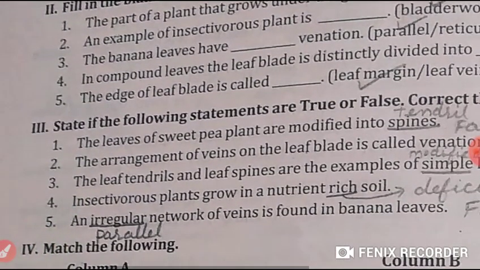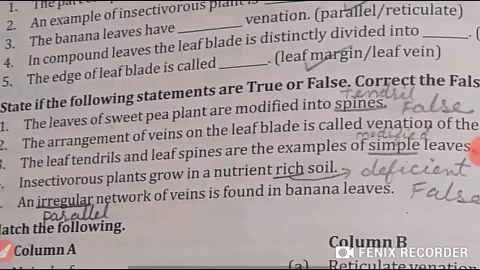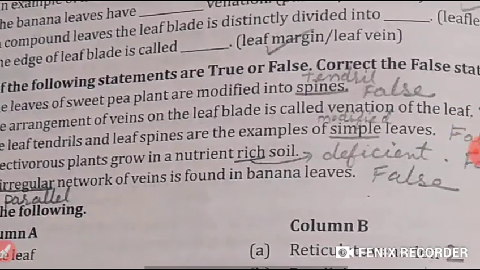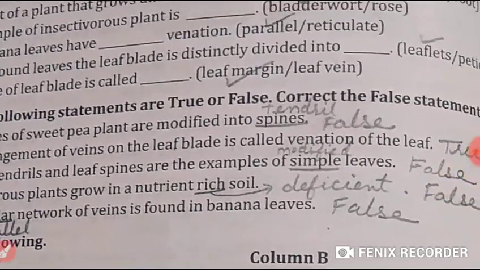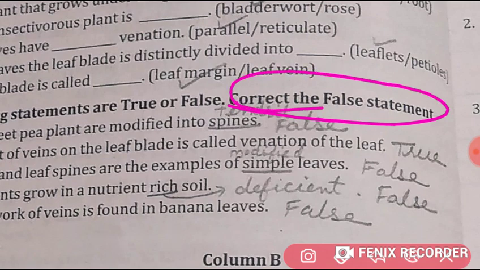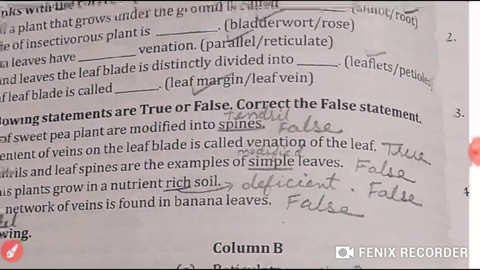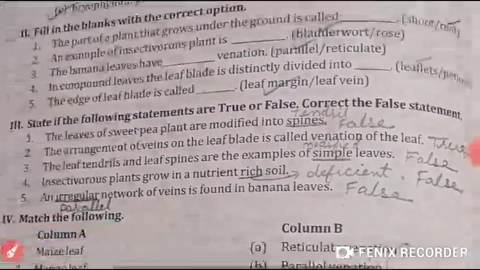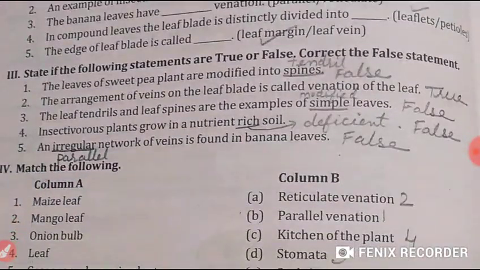Now students, third question. State if the following statements are true or false. Here you have to write true or false. But one more thing you have to do: correct the false statement also. It is important. So how will you write this question? First of all, you will write the first sentence.